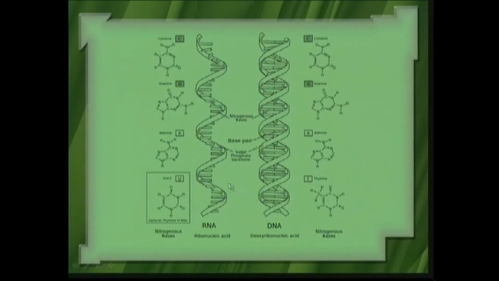Remember that RNA forms off a DNA template, so we'll get into that in just a sec. You have the 4 bases of RNA: cytosine pairing with guanine, and adenine pairing with uracil. Look at uracil and look at thymine. They're very similar in structure.